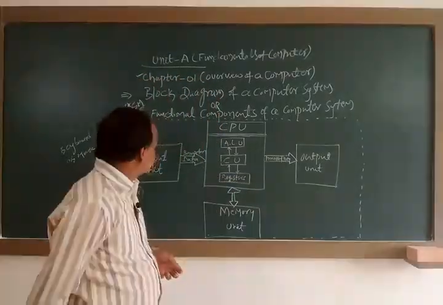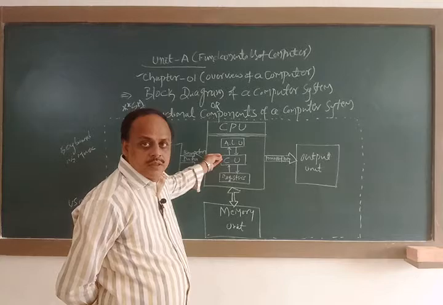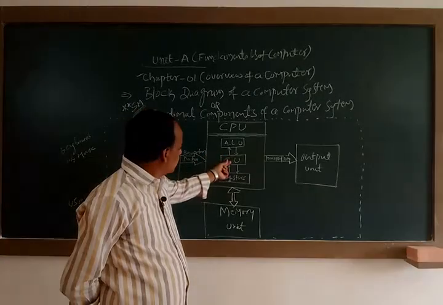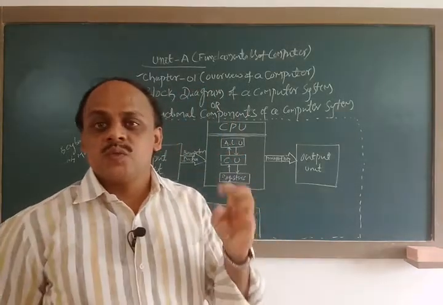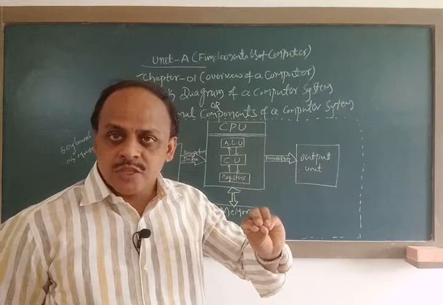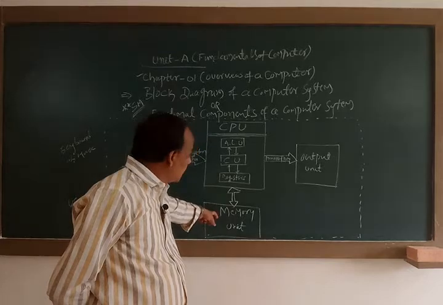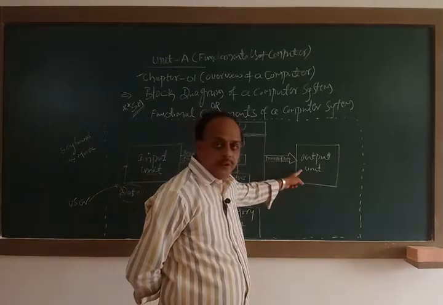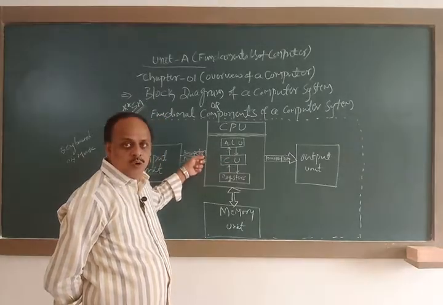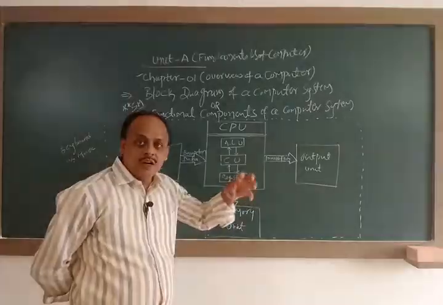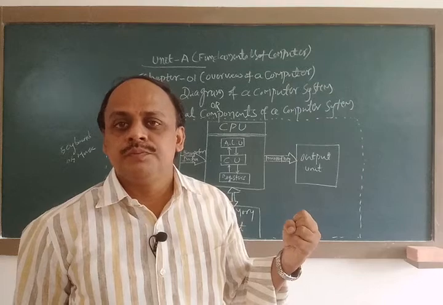Okay. Now whenever the binary form data comes to the CPU, this CU, the control unit, is going to accept that data, and it decides where it has to go. Either it has to go for processing, or it has to go for memory, or it has to go for the output unit. Like that, it takes care where this data has to go. The control unit controls the data coming to the CPU.